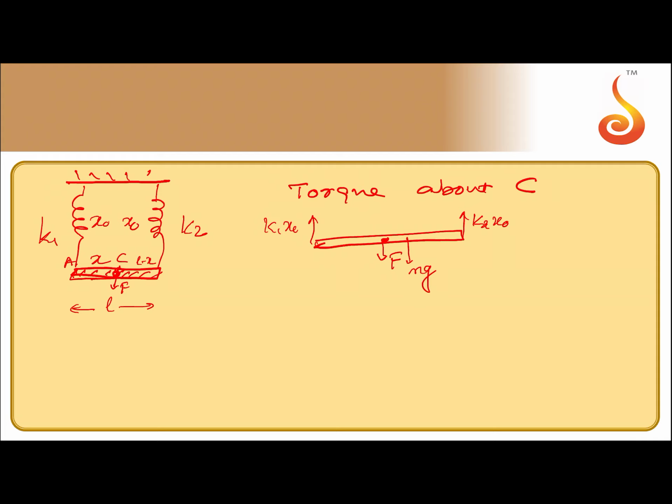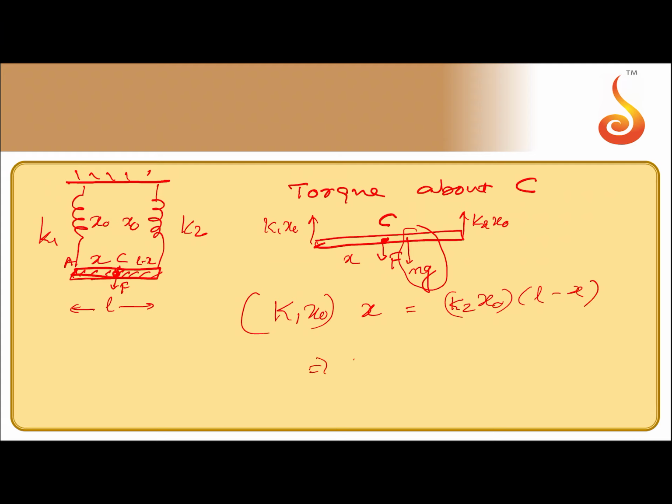Now this is a light rod, so clearly this part does not come into picture, right? And thus the torque about this particular point C due to this force, which is K1 x naught into x, should be equal to torque due to the other, K2 x naught into L minus x.